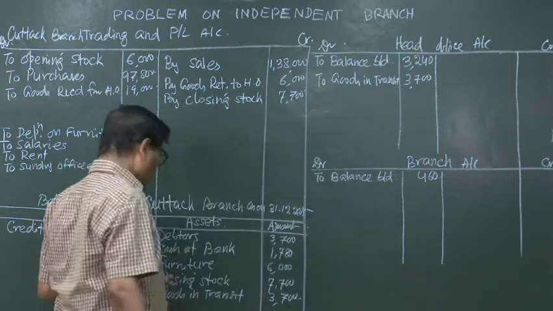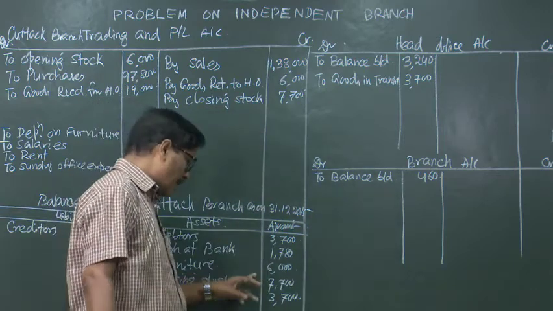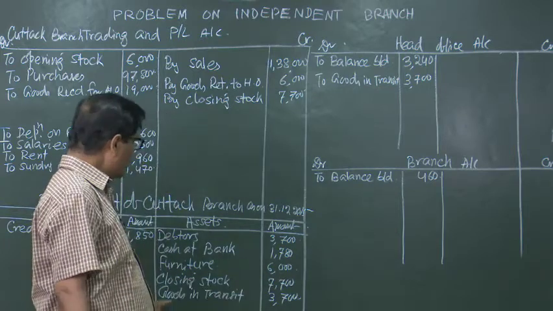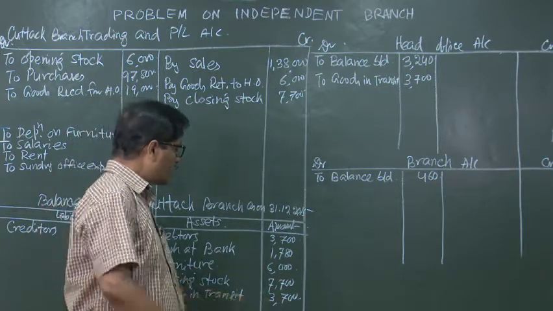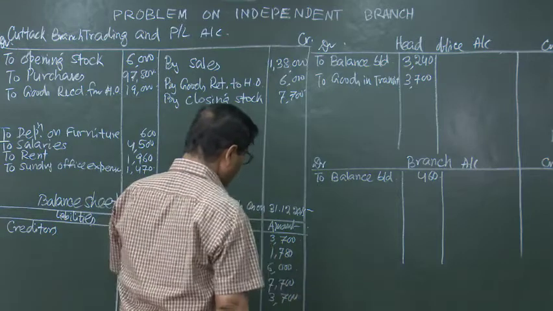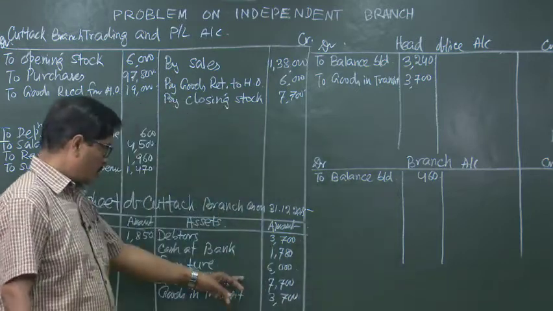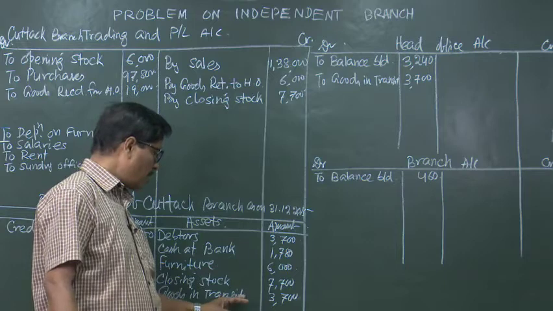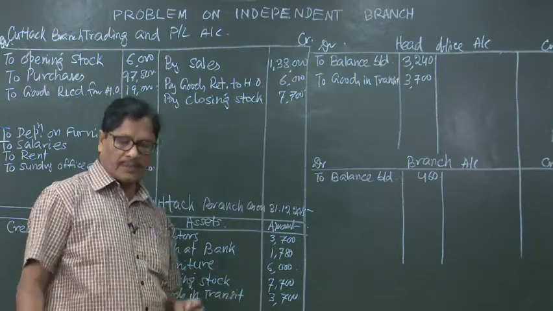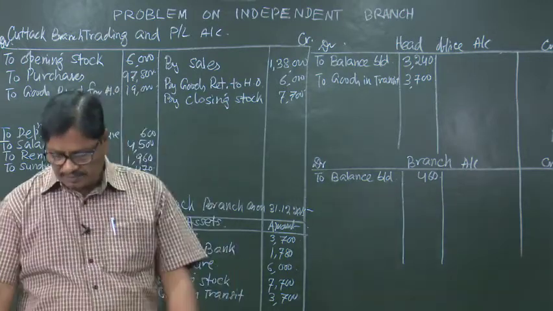That means, we have the closing stock of goods in hand 7,700, again goods in transit are 3,700. In this way, the total closing stock will comprise two elements, one is stock in hand, another is stock in transit 3,700.